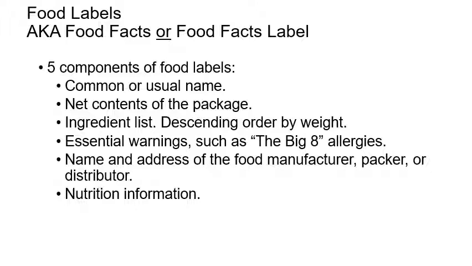That means the first 3 are usually the most important ingredients. The first one is the heaviest by weight, and then the second is next heaviest, and the third is the third heaviest. Essential warnings, such as for allergies, name and address of the food manufacturer, packer, or distributor, and any other nutrition information.